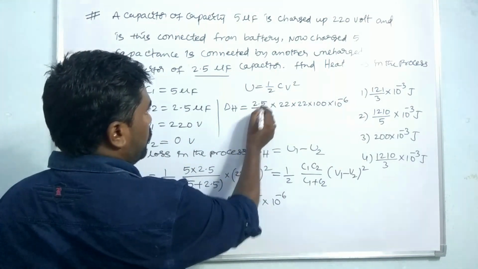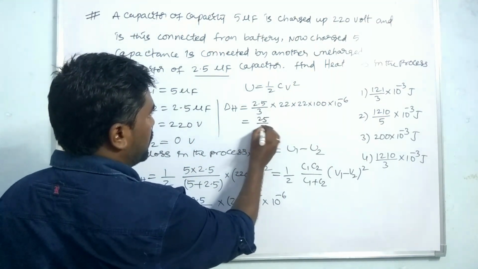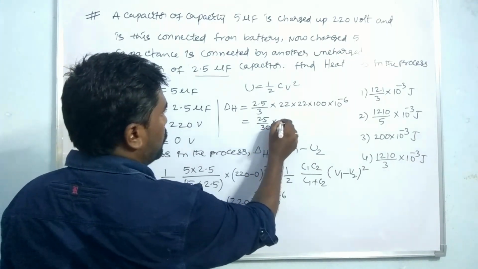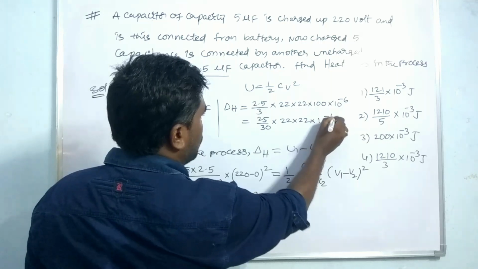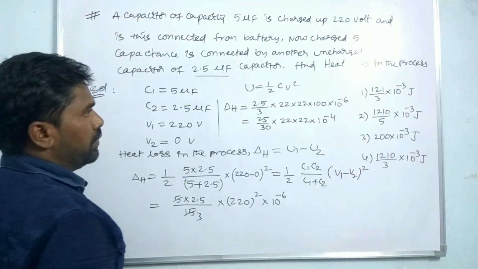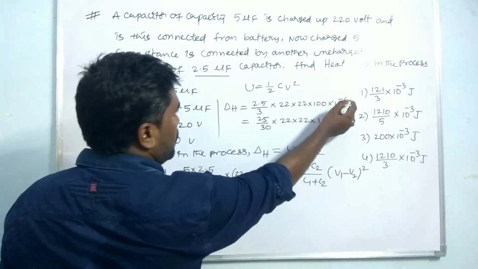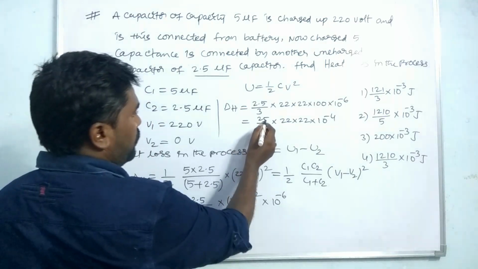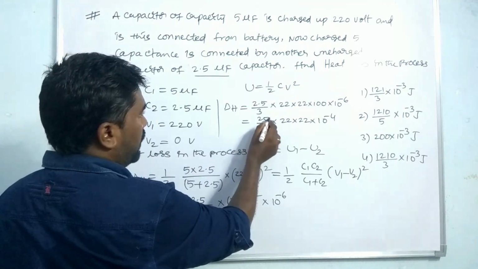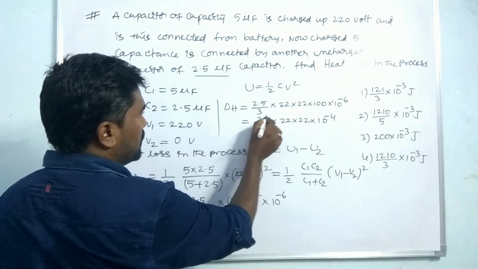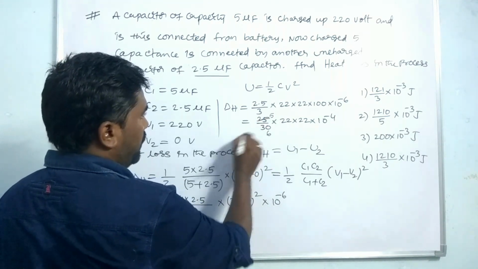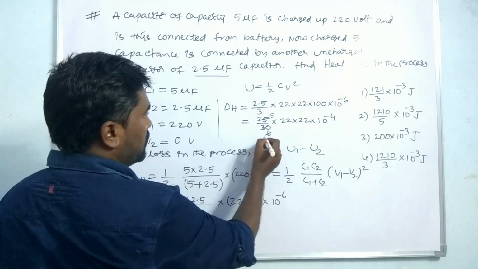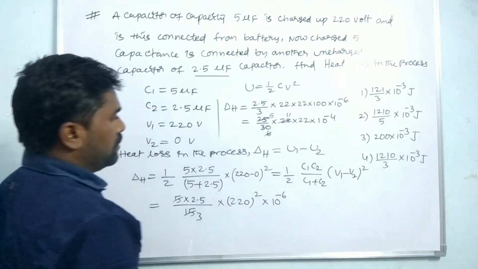So 25 by 30 into 22 into 22 into 10 power minus 4, since 10 square is 10 power minus 4. Where 25 by 30 is equal to 5 by 6.